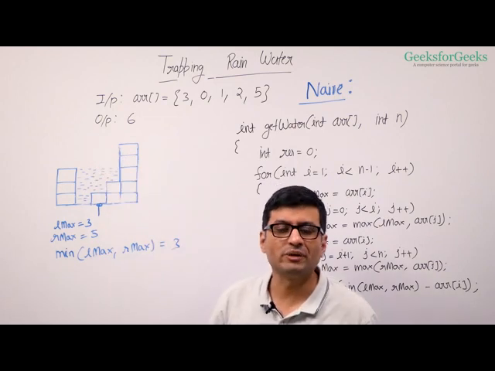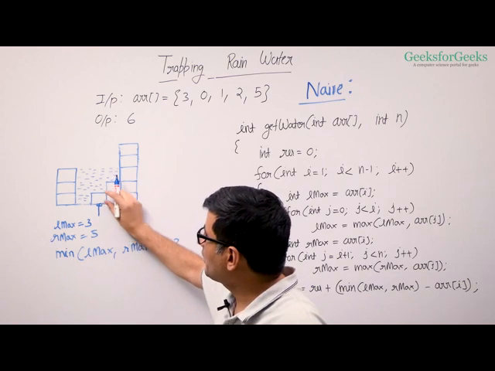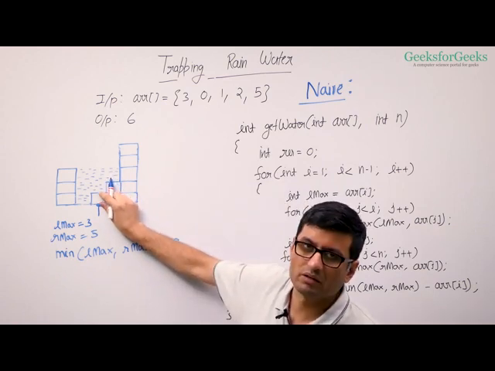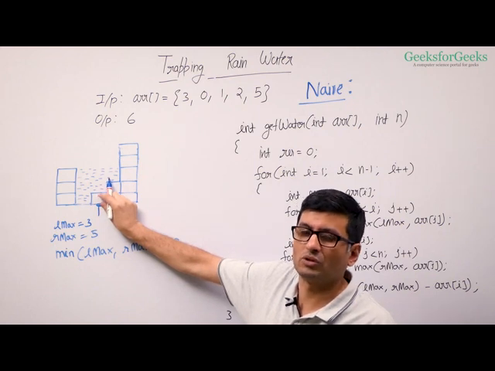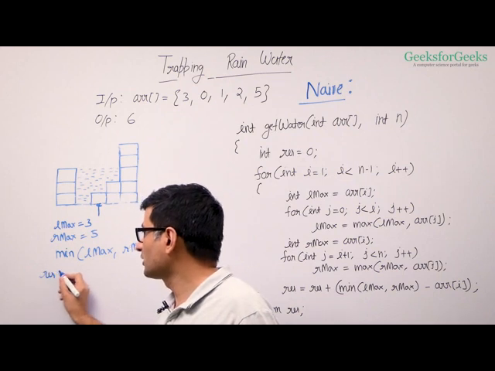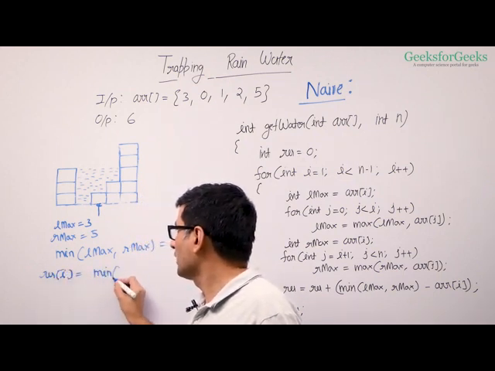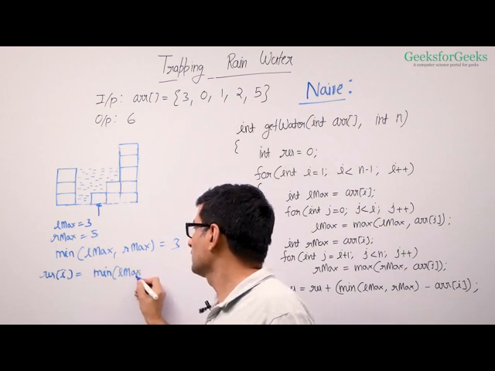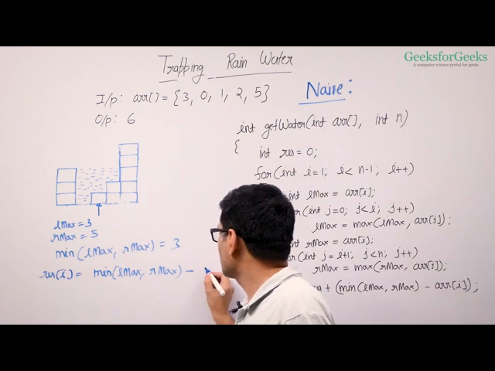So what adjustment do we make to this result 3? We subtract the height of this bar, for which we are trying to find the water that we can store on top of it. So our result for the ith bar is the minimum of L max and R max, minus array[i].